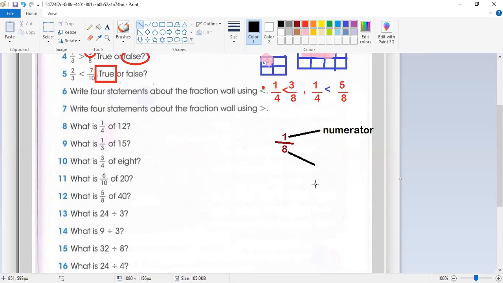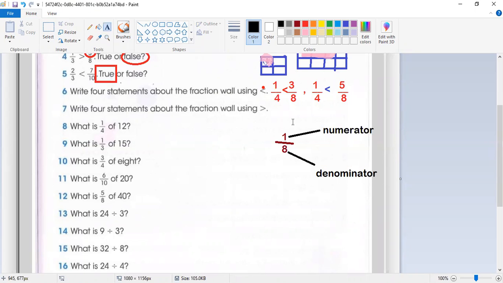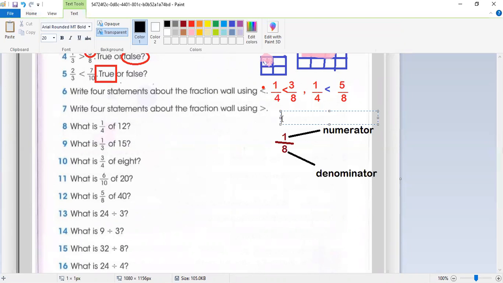What is the name of the number which is down? The down number is the denominator. So you will always see, let me repeat again, if the upper number, the numerator, is big, the value is big.